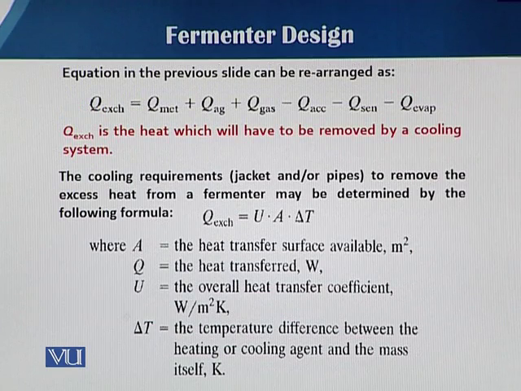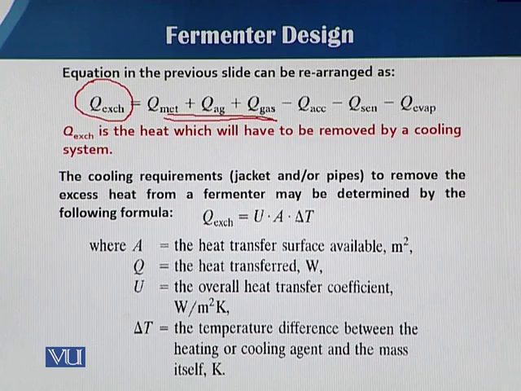Just by rearranging the previous equation, you can see that there are three factors which add heat into the system, and three factors which contribute to heat exhaust from the system.